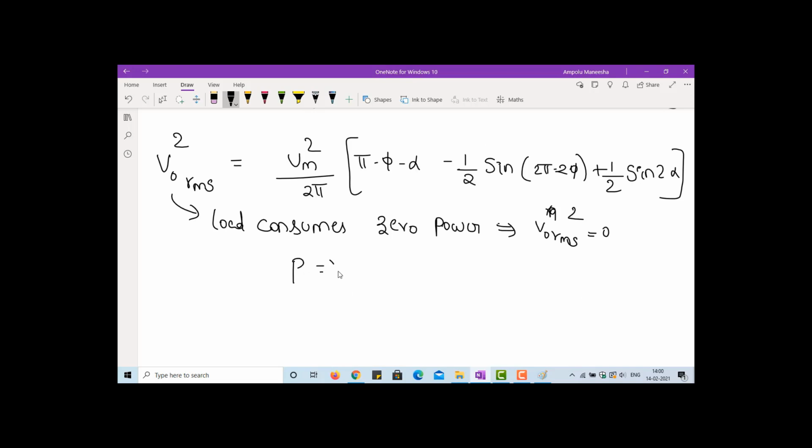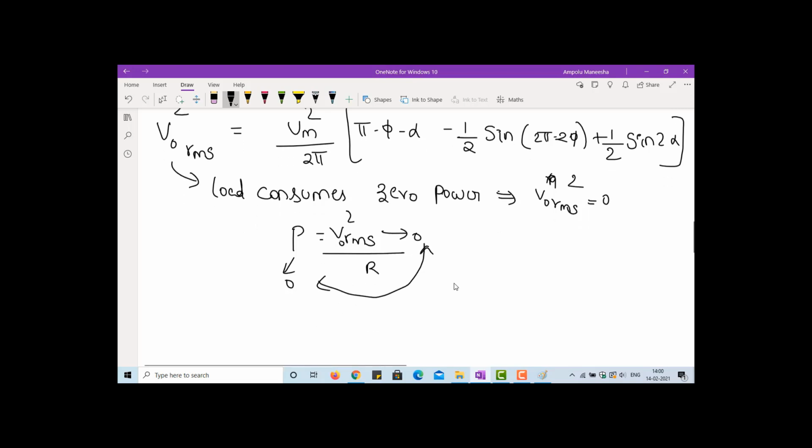Power is equal to V naught RMS square by R, right? So, when power should be 0, then V RMS square is 0. These two are interlinked, so we need to equate the above expression to 0.